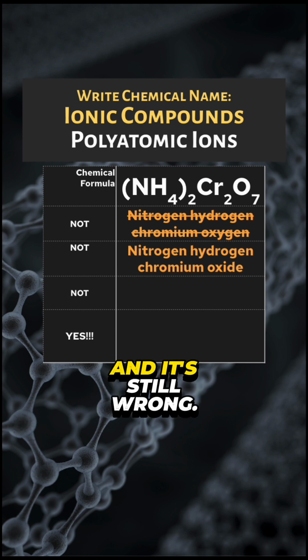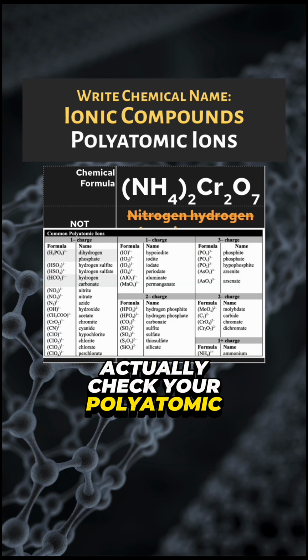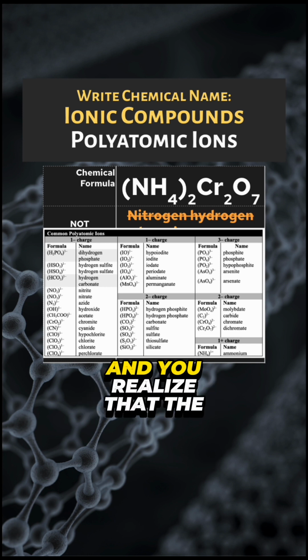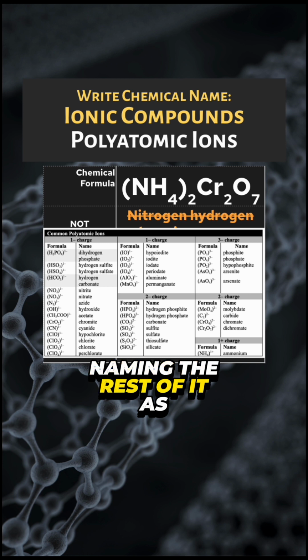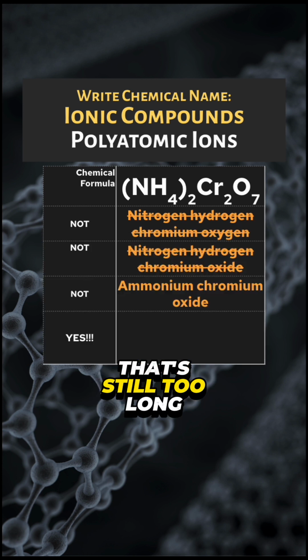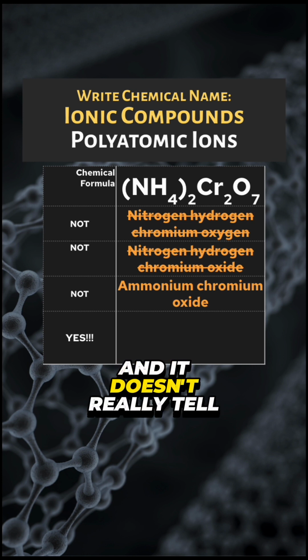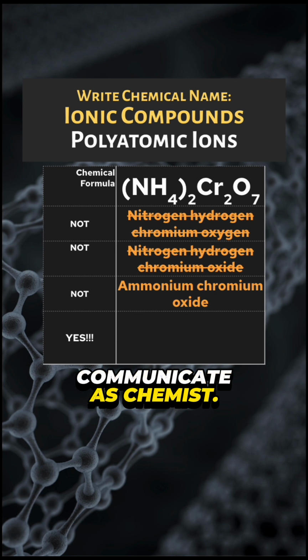That's a lot to say, and it's still wrong. So maybe you remember to actually check your polyatomic ion list like you're supposed to do, and you realize that the first component is ammonium, but then you still end up naming the rest of it as you see fit. Ammonium, chromium, oxide. However, that's still too long, and it's still ambiguous, and it doesn't really tell me what's going on. It is just simply not how we communicate as chemists.